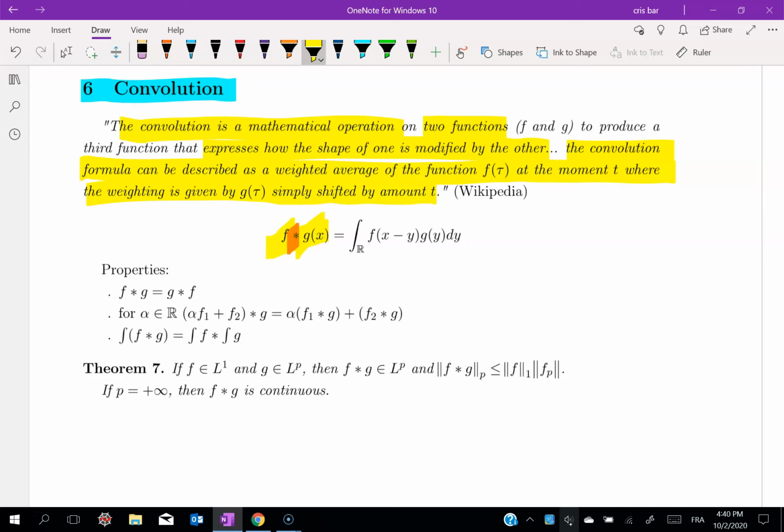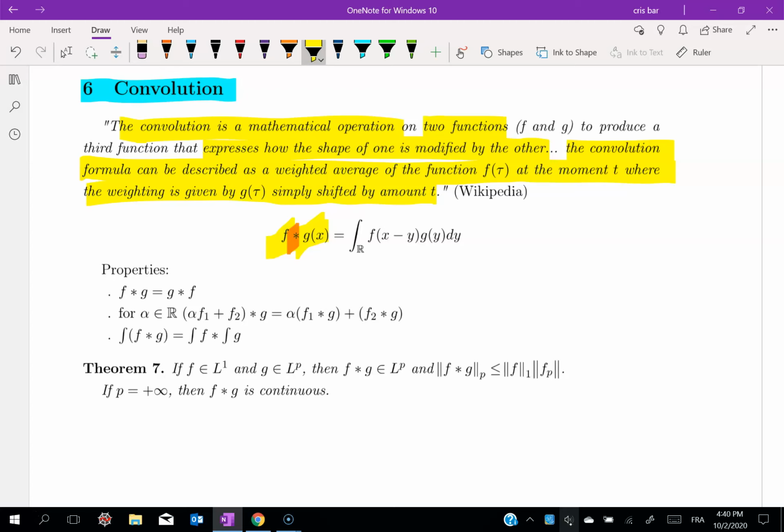In the formula that I've written, I've used x and y. So what would be the equivalent of t? That would be my x, and the tau would be given by the y.